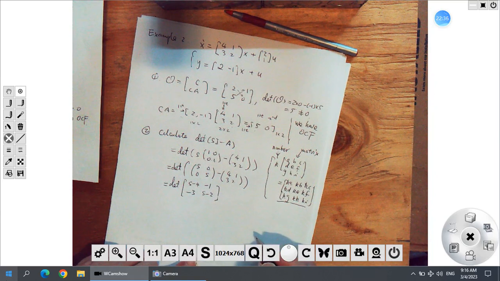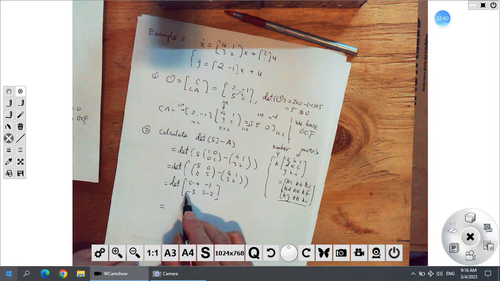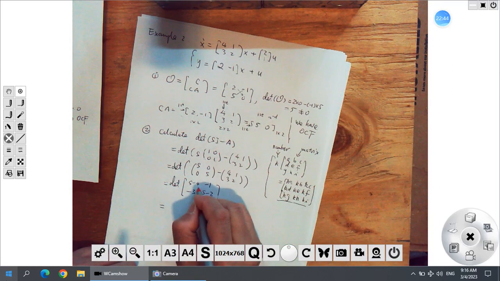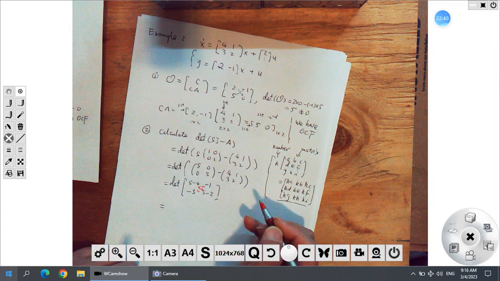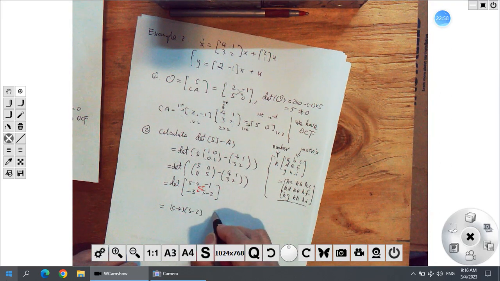Right. Okay, then now we can calculate the determinant. You need to calculate in this way. S minus 4 times S minus 2, and this way is -3 times -1.